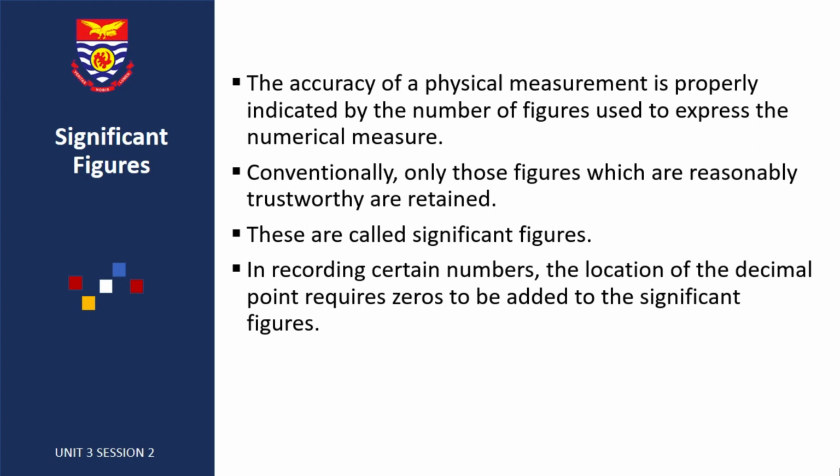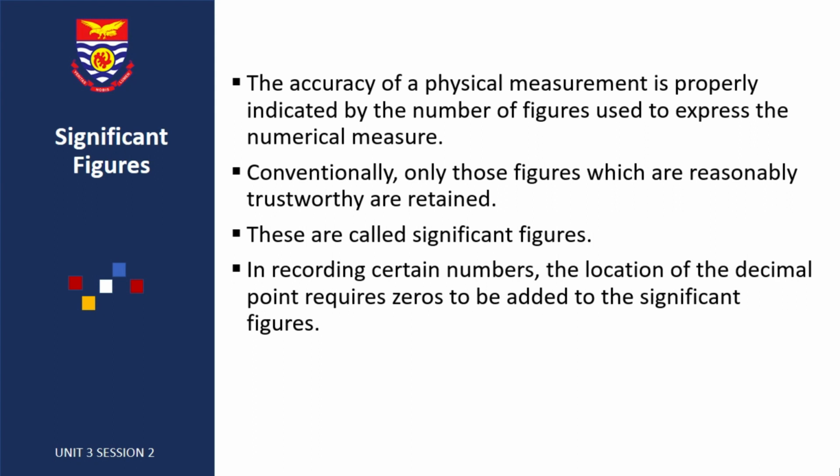In recording certain numbers, the location of the decimal point requires zeros to be added to the significant figures. For instance, you measure a value and have to record it to 2 decimal places, but your instrument gives you 12.1 centimeters, or 12.1 volts, or 12.1 amperes. To get your 2 decimal places, you add 0 to get 12.10 volts.